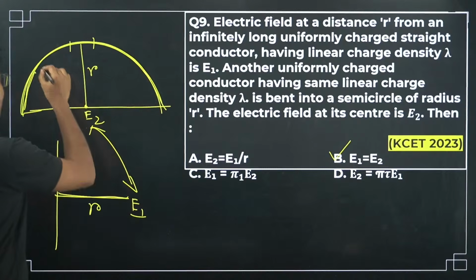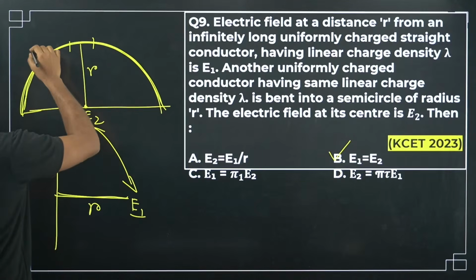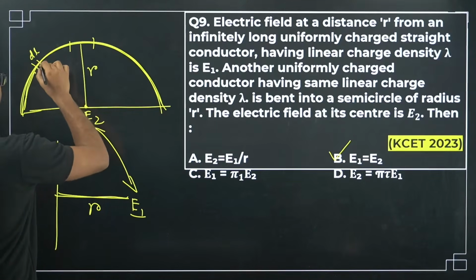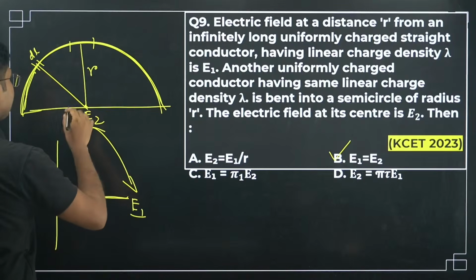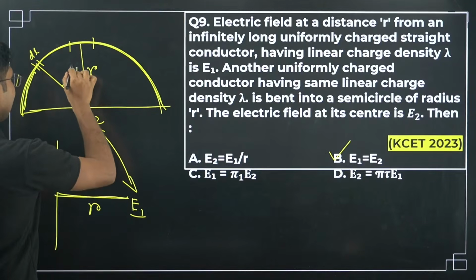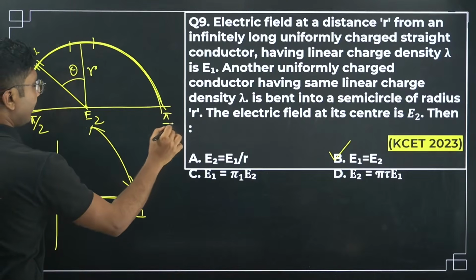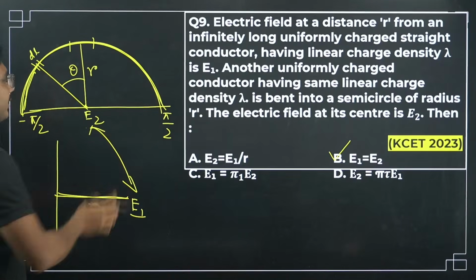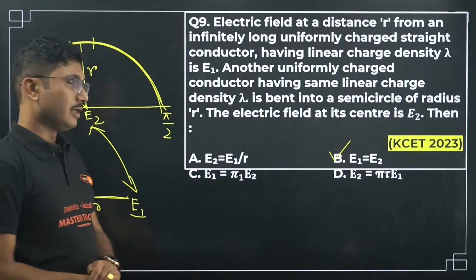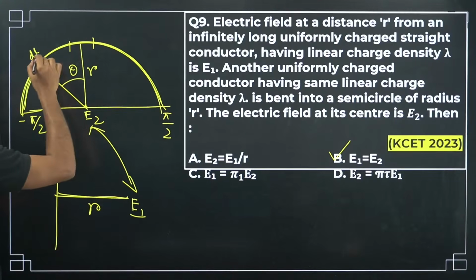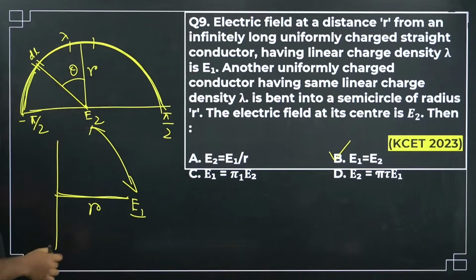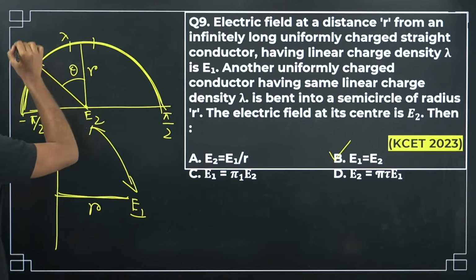I can give you some hint. You can take a small portion, length dl. Then you can consider this angle theta, going from minus pi by 2 to plus pi by 2. If you integrate this portion from here to here, you will get the exact value. The charge density is given as lambda, so the charge on this small portion is lambda dl.